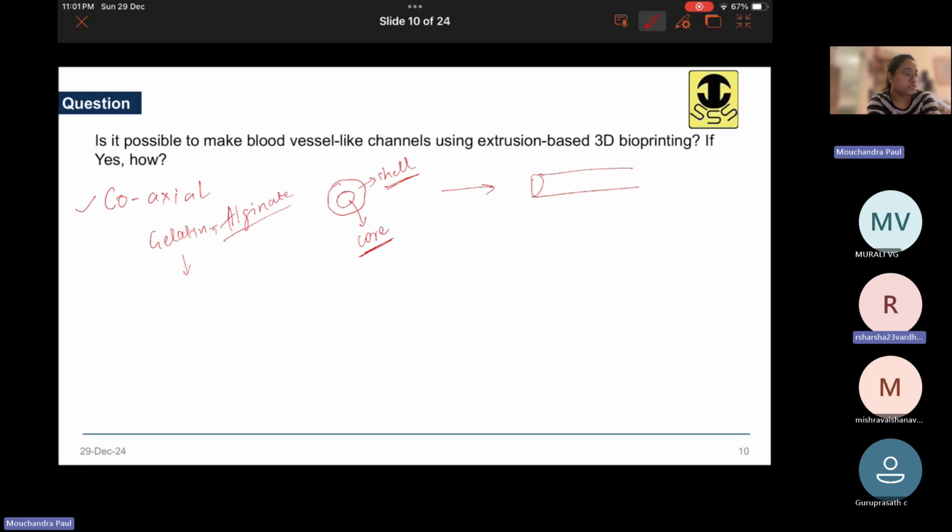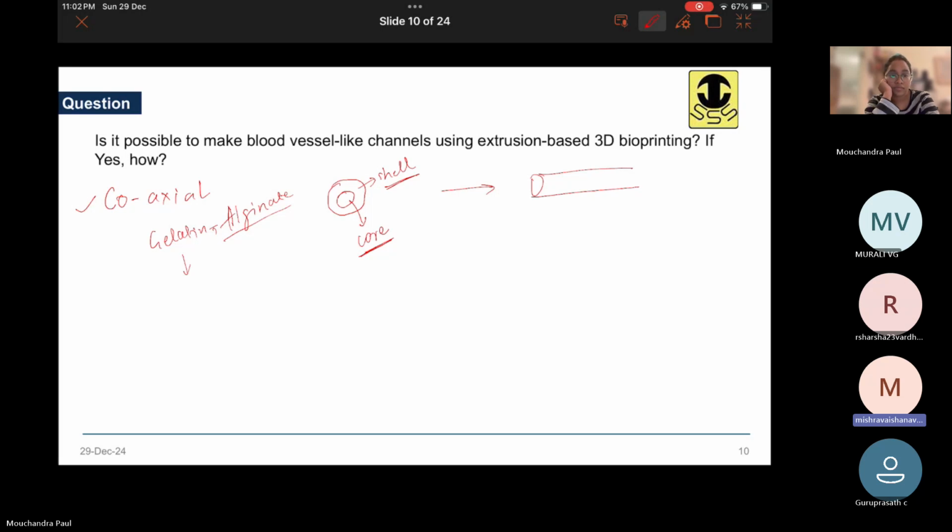Mhm. So will you flow gelatin in the core or in the shell? I just asked whether that material we can use. Ma'am, I remember there was a material which we first use and then it will dissolve. I don't remember its name, but it was something we use to create a hollow structure.